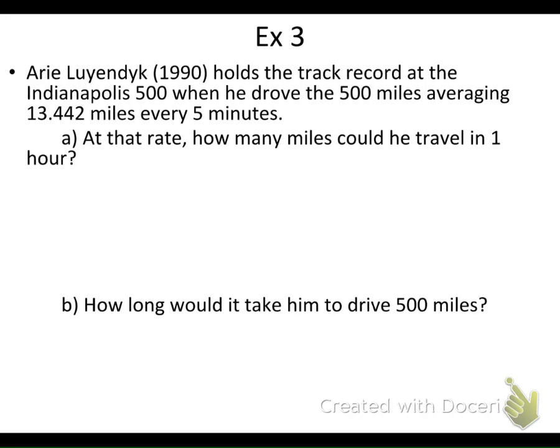So, Arie Luyendyk from 1990 holds the track record at the Indianapolis 500, where he drove the 500 miles, averaging 13.442 miles every 5 minutes. Okay, so, part A. At that rate, how many miles could he travel in 1 hour? So, the first thing that we need to determine is what's the ratio of units?